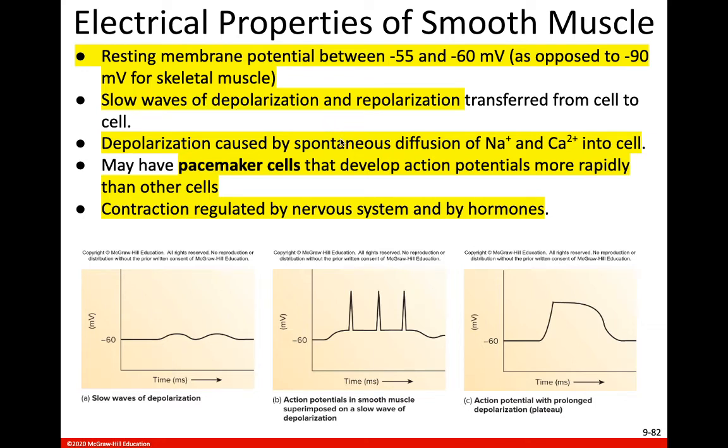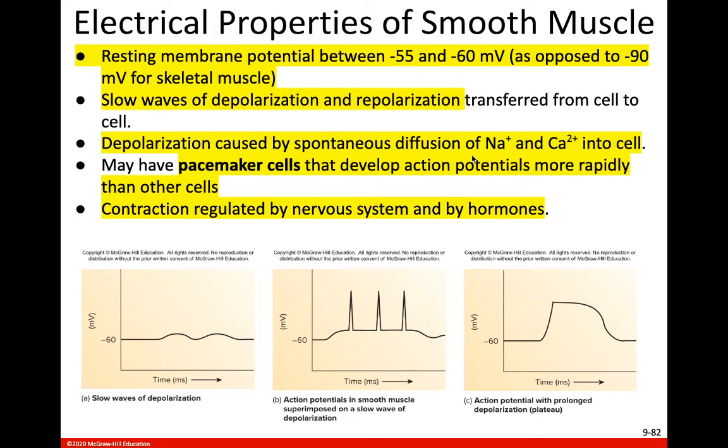Again, with skeletal muscle, the depolarization is caused when the acetylcholine attaches to the sodium ion channel and causes it to open, allowing sodium to come in. Well, with smooth muscle, again, the depolarization is caused by the diffusion of both sodium and calcium into the cell.